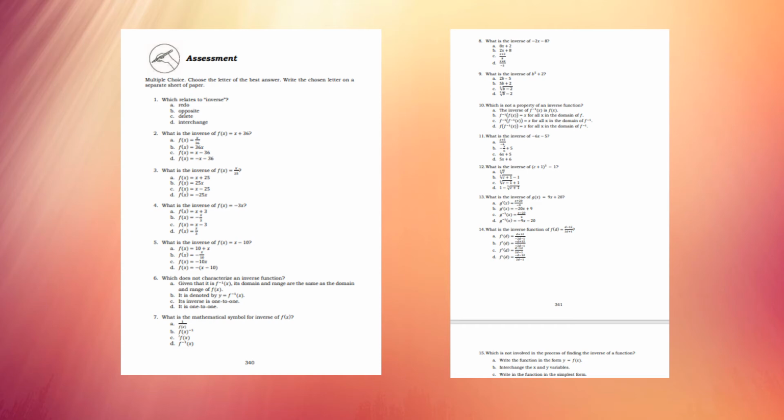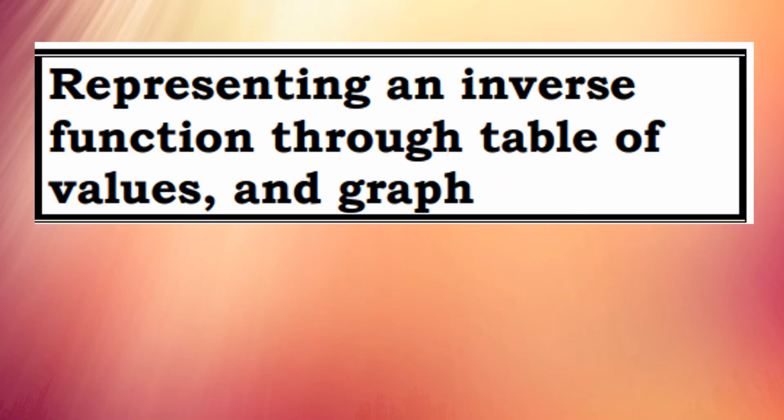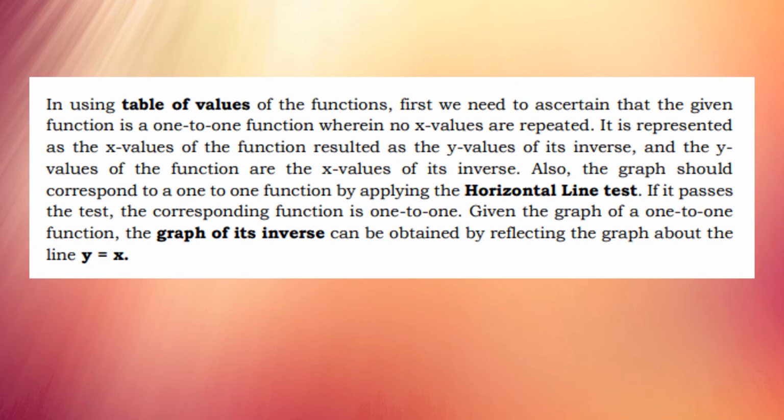Multiple choice tests only. Okay, now, we can represent an inverse function through table of values and graph. So, in using table of values of the functions, first we need to ascertain that the given function is a one-to-one function. So, make sure that it is a one-to-one function.